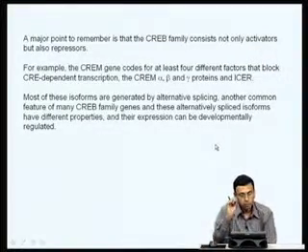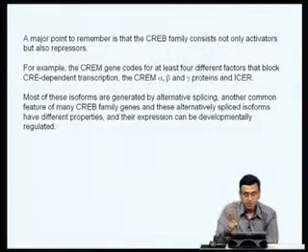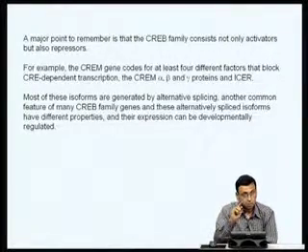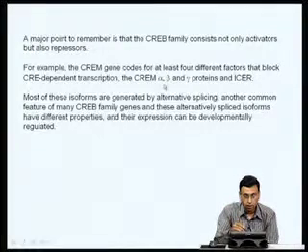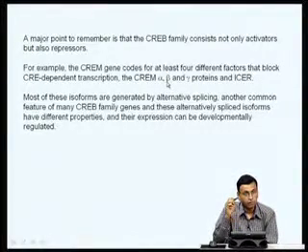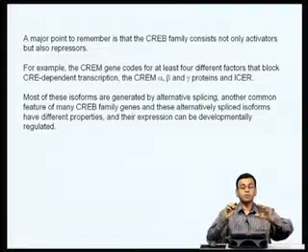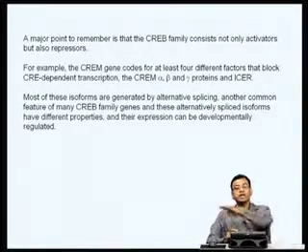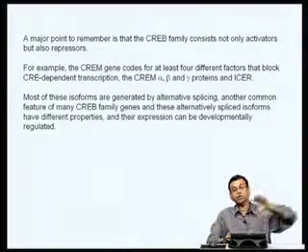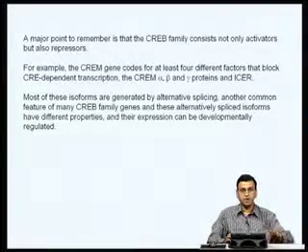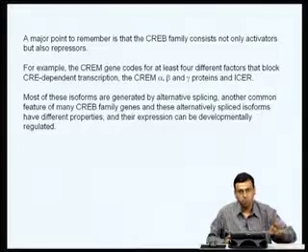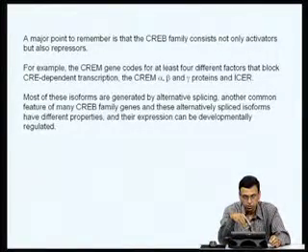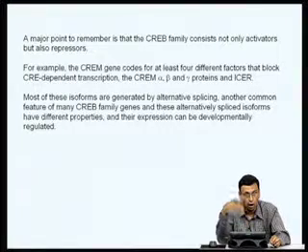A major point to remember is that the CREB family contains not only activators but also repressors. Like I told you, molecules like ICER and CREM alpha, beta and gamma function as repressors. So, do not assume that whenever there is an increase in cyclic AMP levels inside the cells, it results only in the activation of transcription. It can also result in the repression of transcription, especially if the increase in cyclic AMP levels leads to the expression of proteins like CREM alpha, beta, gamma or ICER.